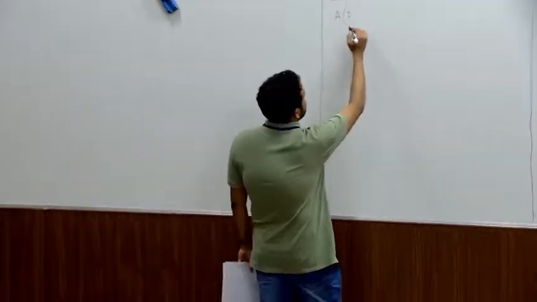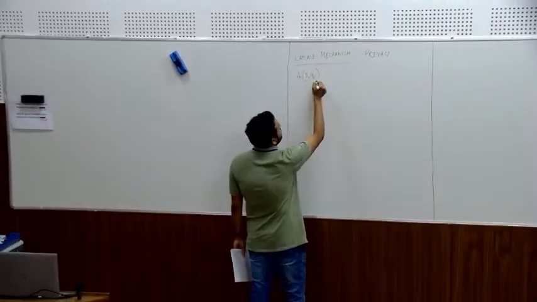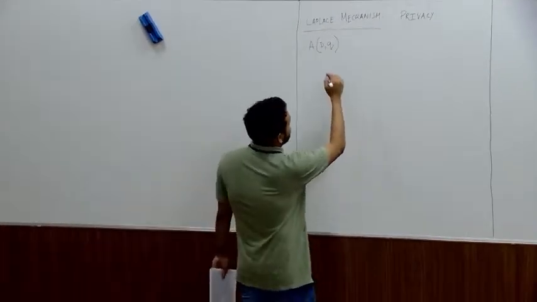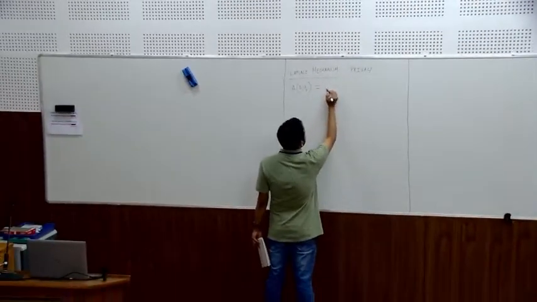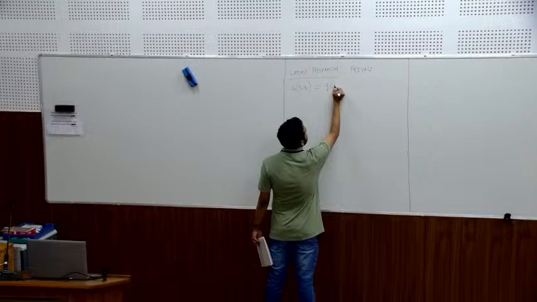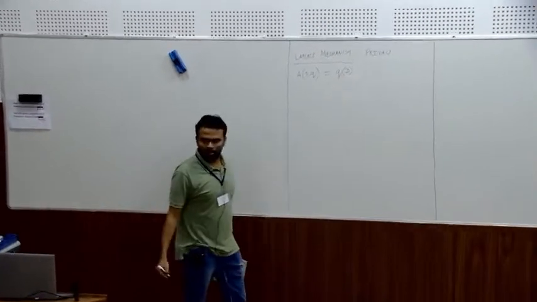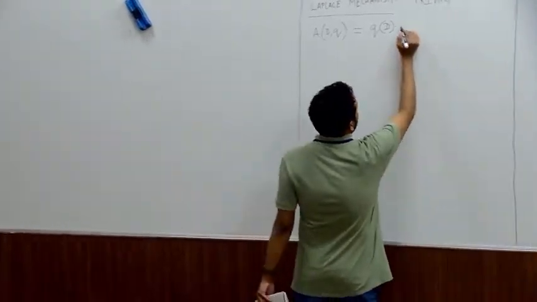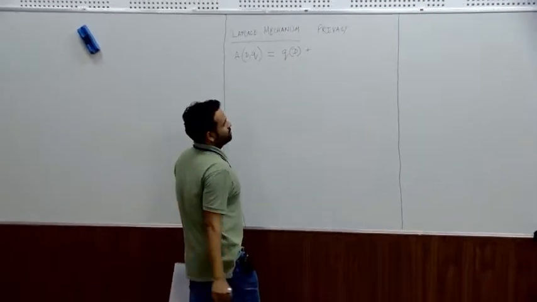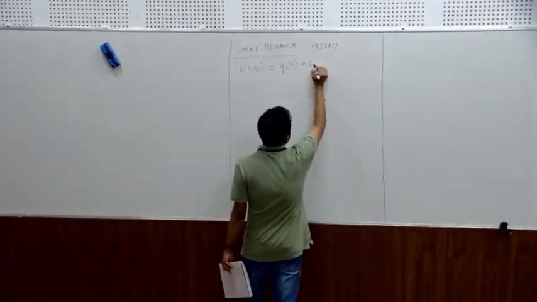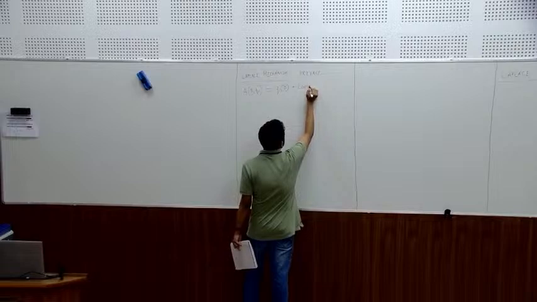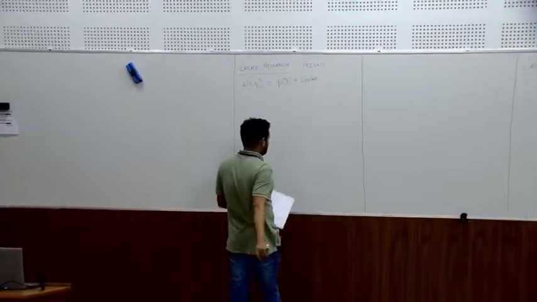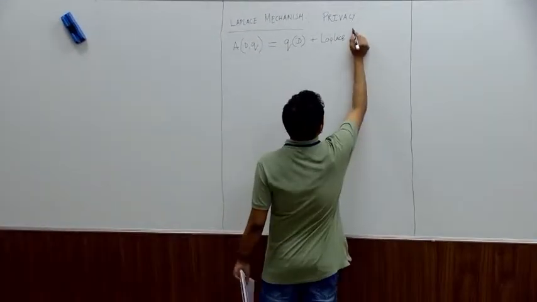The input data set is D and the query is Q. This is the mechanism: it takes the data set and query as input and outputs the true query value Q of D plus Laplace noise with scale GS_Q by epsilon. This is the global sensitivity.